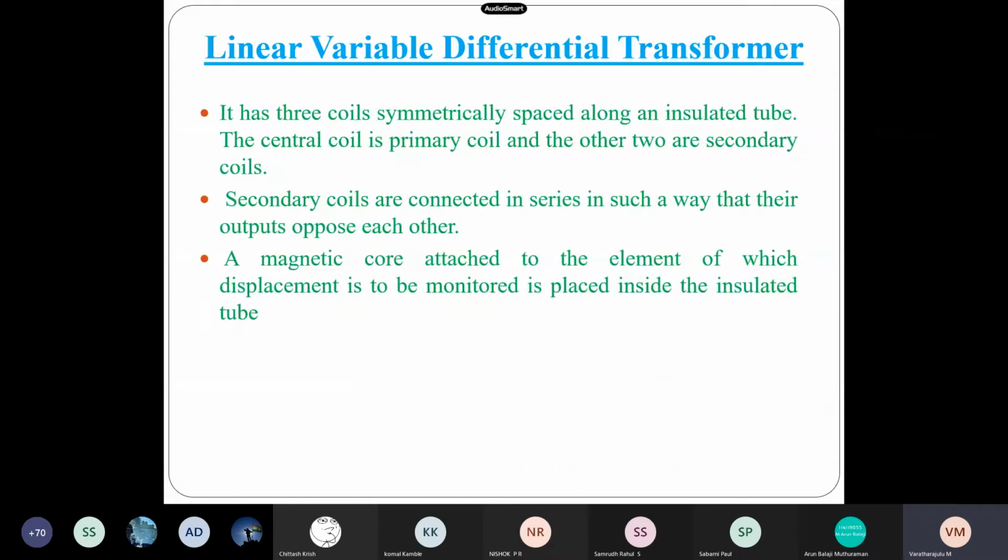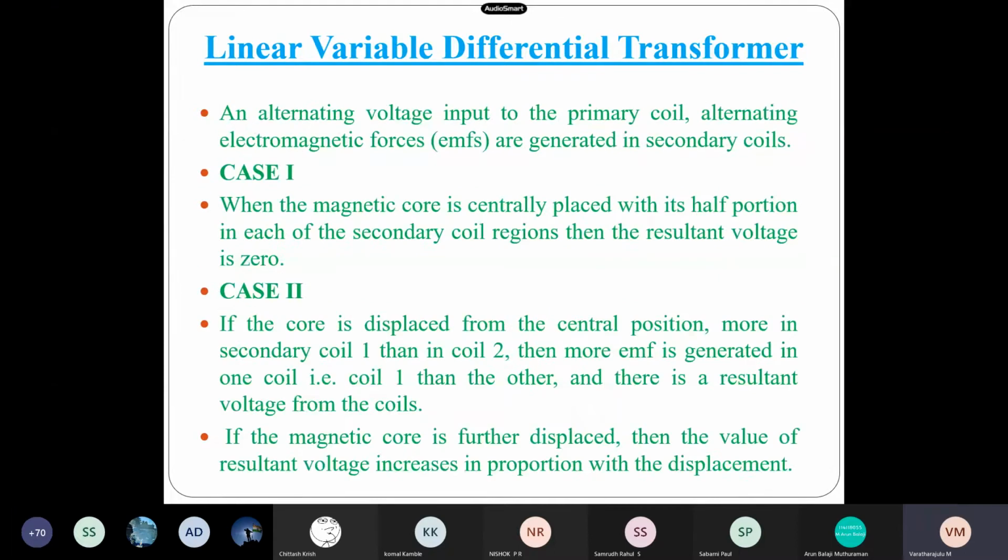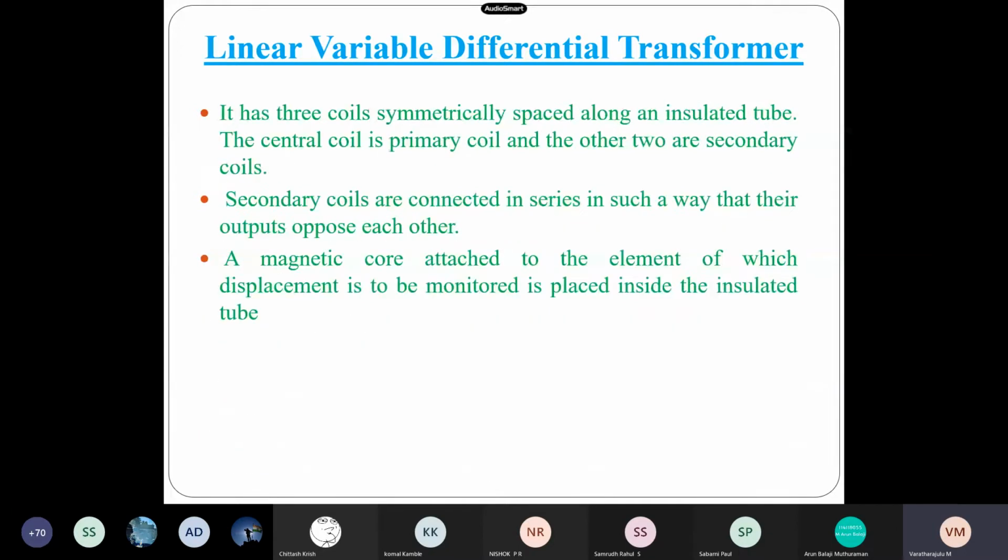The LVDT uses the magnitude and polarity of the net EMF induced to measure the displacement of its core from the null position. It has three coils, as I said, placed centrally.